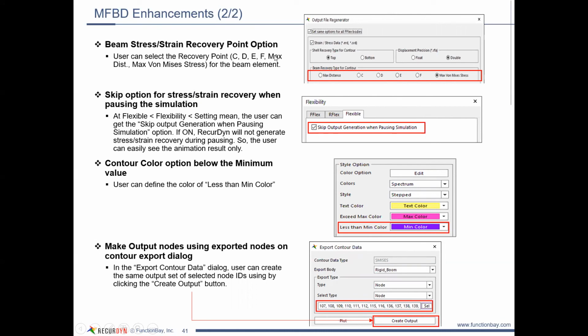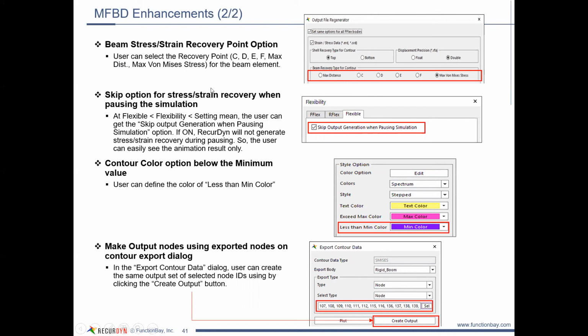Another possibility is the maximum distance from the centroid of the beam. You would want to do that one to see the highest stress in the different directions. And then the von Mises stress will give you the total component. So that's new for V9R4.